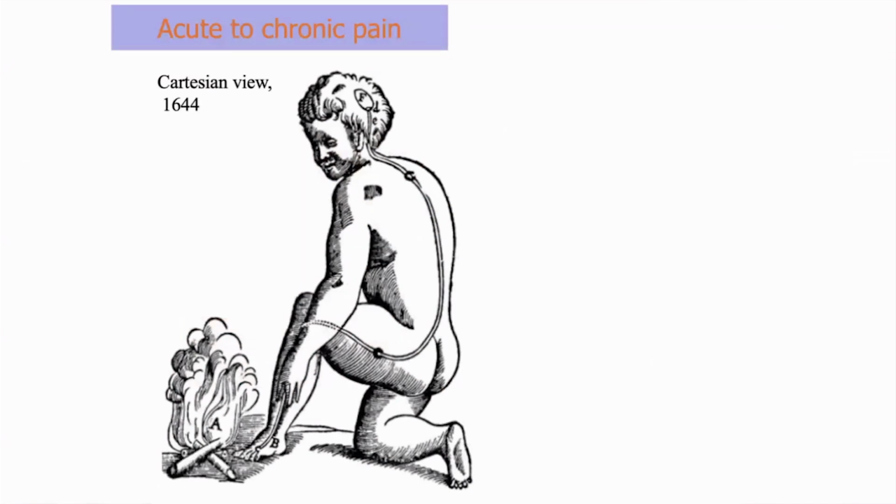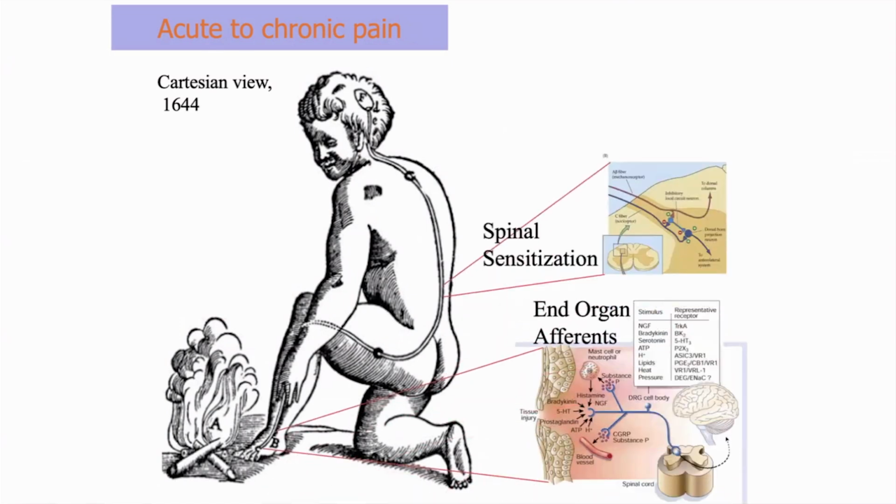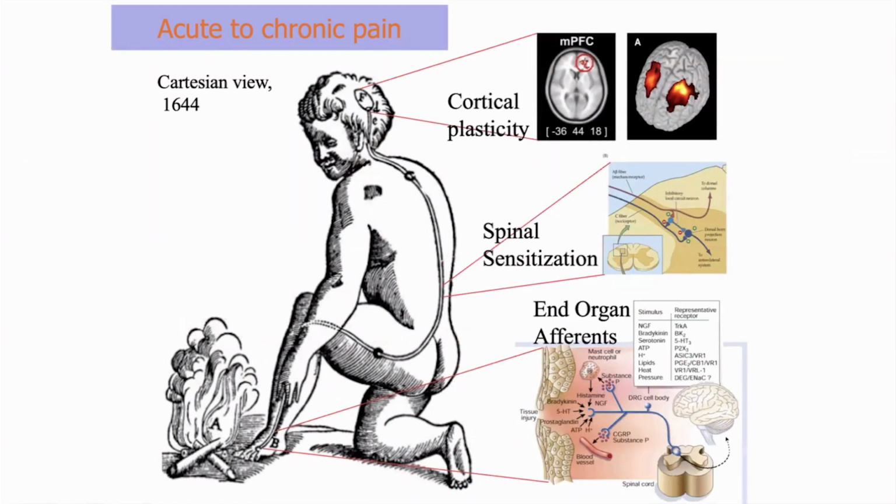And coming back to Descartes' cartoon of information transmission from the periphery to the brain, one could generalize and say that physiological and anatomical studies show reorganization of information processing across all levels of the neuroaxis when pain becomes persistent or chronic.